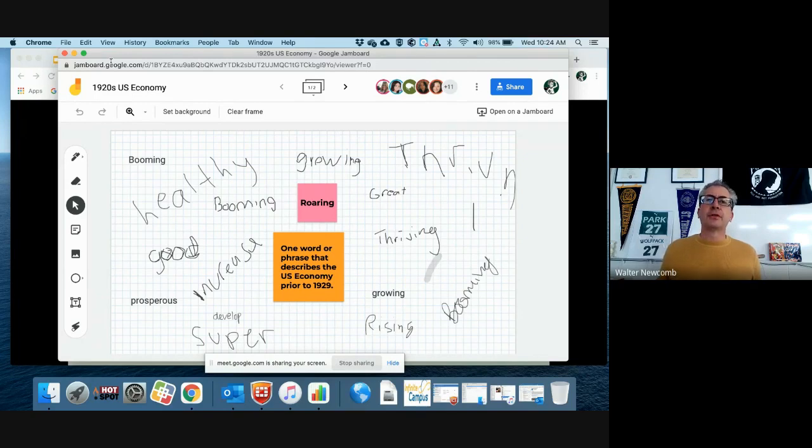The fragility of European economies, and the political and social unrest going on in the world, is playing a part in why the U.S. economy is going to struggle by the end of the 1920s.